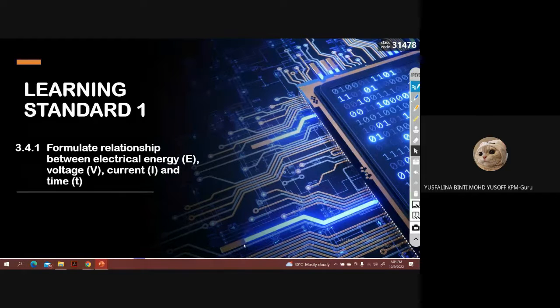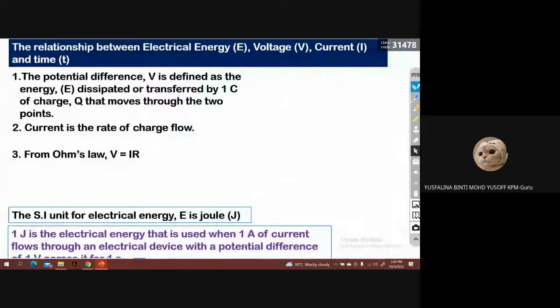Formulate a relationship between electrical energy, voltage, current, and time. So the potential difference, V. We already know V is the energy used to transfer 1 coulomb of charge between two points.